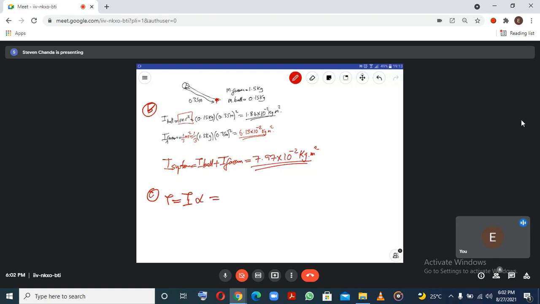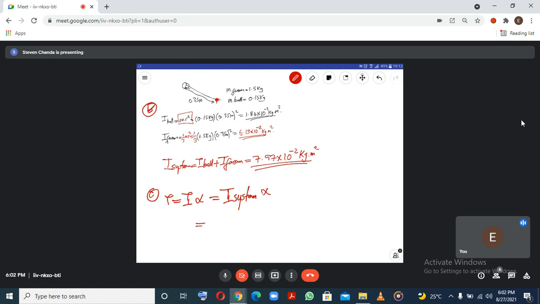But in this case, it's going to be the moment of inertia of the system times the angular acceleration. So why are we saying system? Because remember, we are talking about the torque exerted on the system. So we can't use just the torque for the forearm or the torque for the ball.